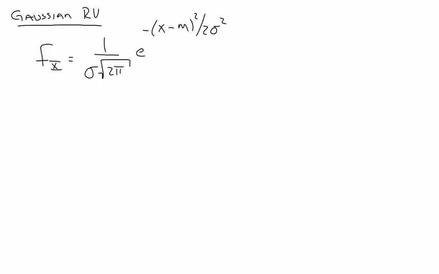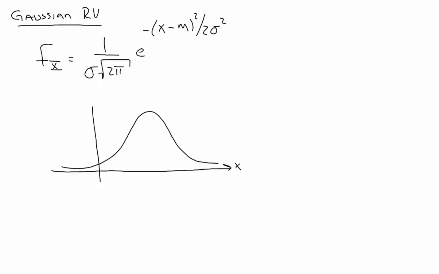If we sketch this out, this should start being a fairly familiar figure for you. This is x. This is my PDF. All right. As with all proper probability density functions, the total area is unity.